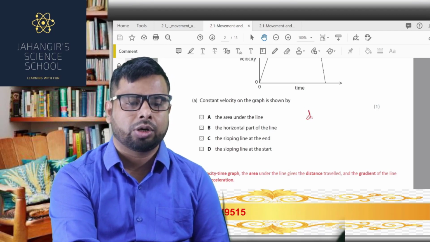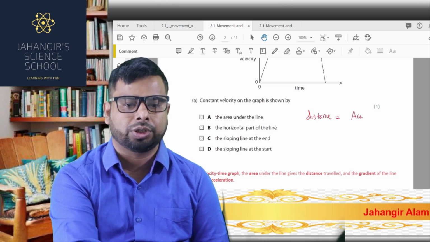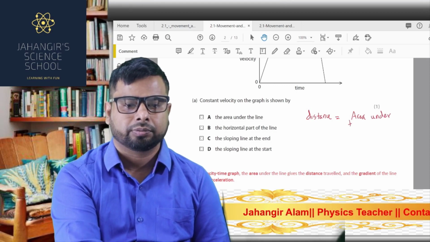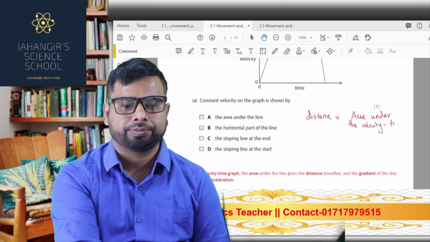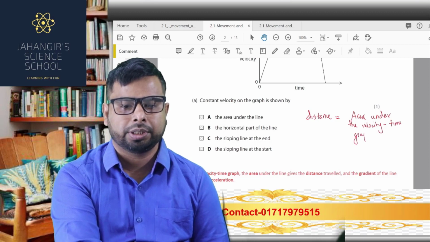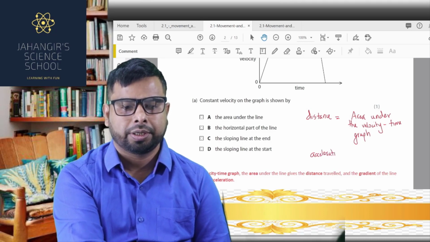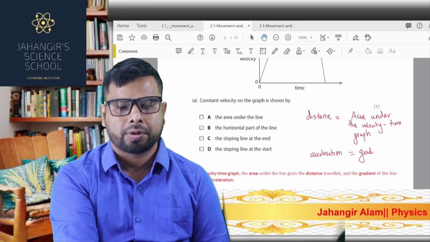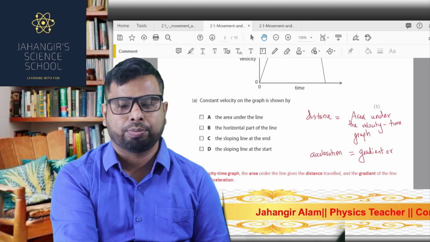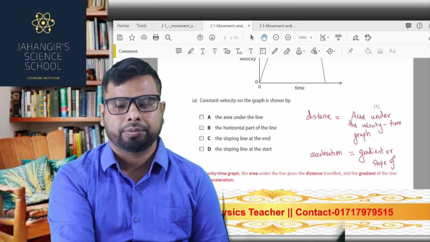Distance equals the area under the velocity time graph, remember this, and acceleration equals the gradient or slope of the line.